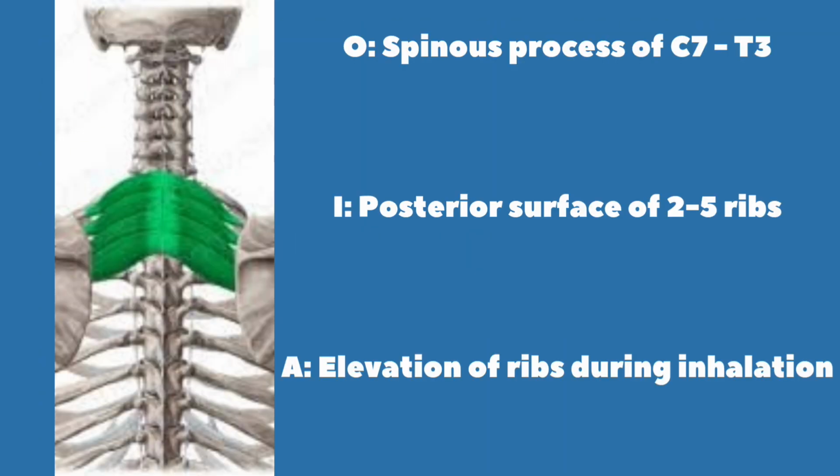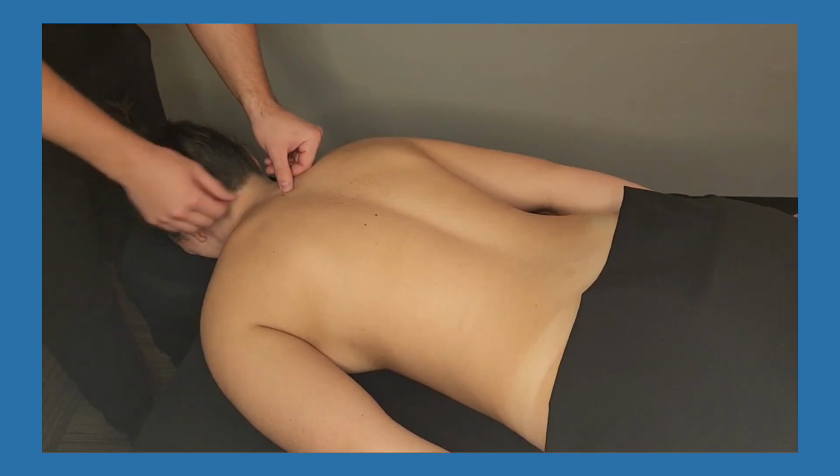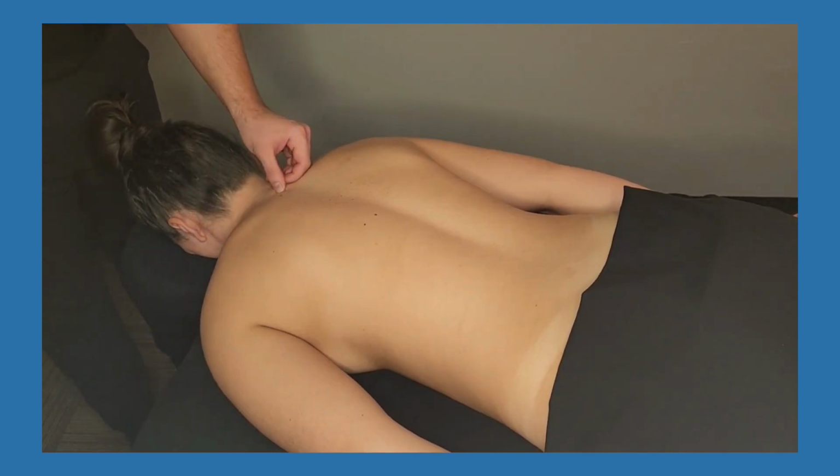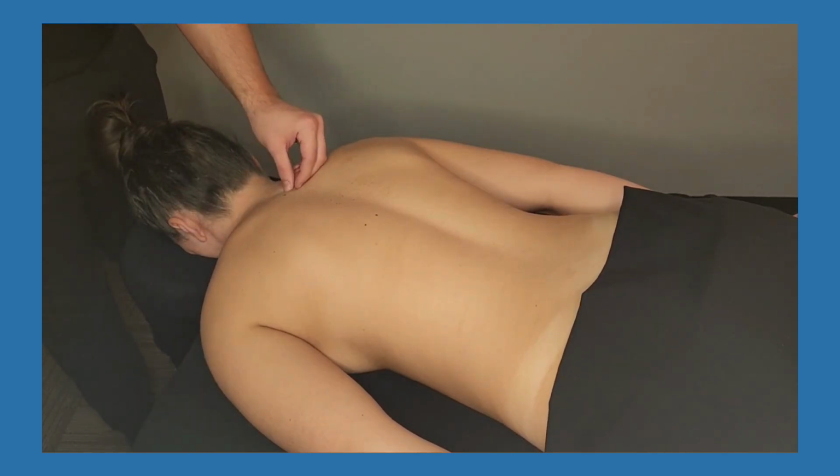Serratus posterior superior will originate the spinous process of C7 through T3 and will insert at the posterior surface of the 2nd through 5th ribs.